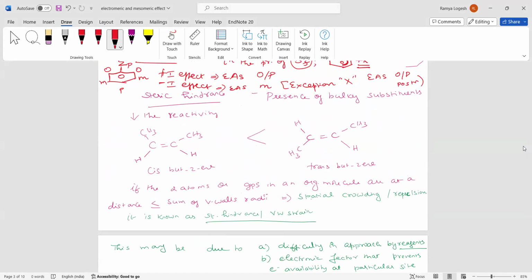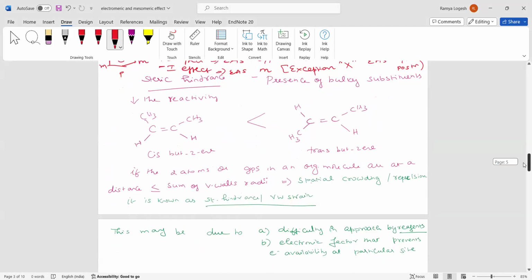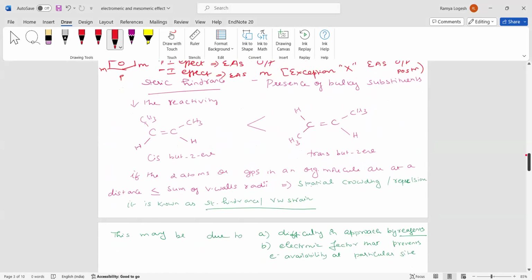Okay. Going for steric hindrance, what we saw in the last class. If you have the presence of bulky substituents, this generally decreases the reactivity. So look at cis-butene and trans-butene. Methyl groups are in the same phase in cis, and the CH3 groups here are in the opposite plane. So its reactivity is more than cis.